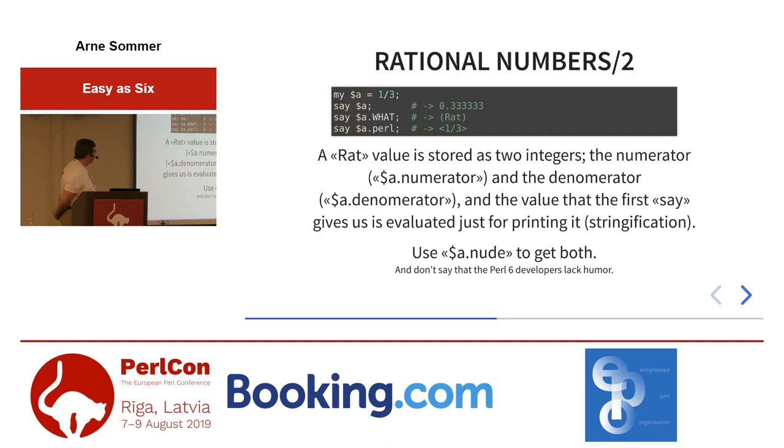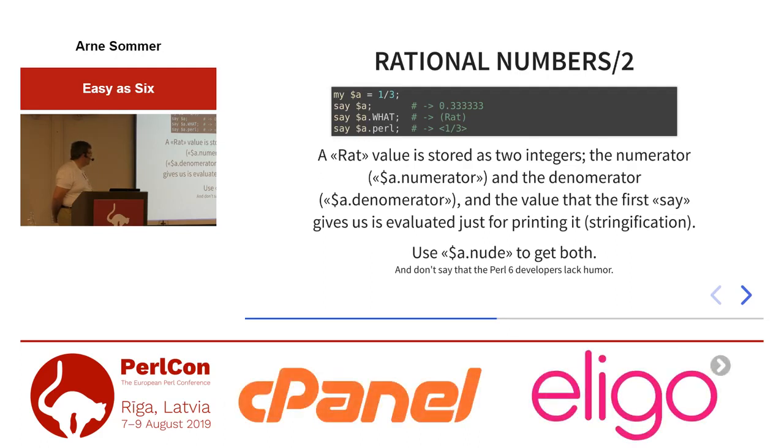They do this by storing 2 integers for a value of the type rat, the numerator and the denominator. And the actual value is first computed when we print it. So it's stored as 1 and 3 right up to when we print it.